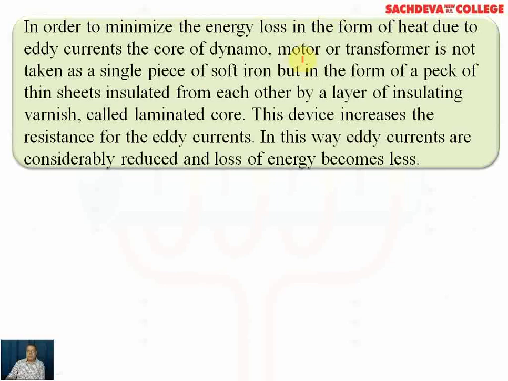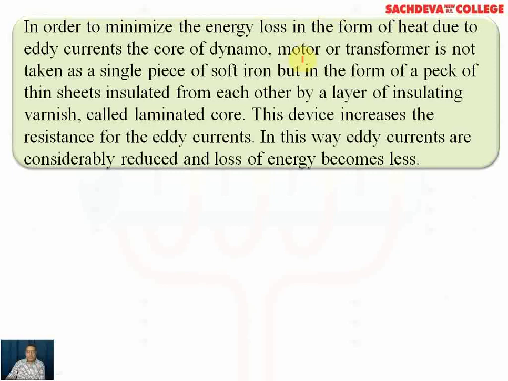Susceptibility is the property of a material due to which it gains magnetism easily and loses magnetism easily. During the make, it will gain magnetism easily, and during the break, soft iron will lose magnetism easily. So it will be a very quick process.